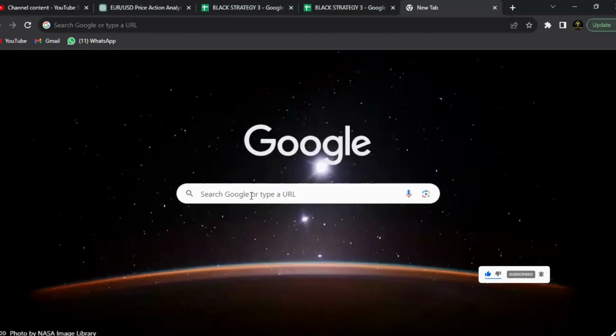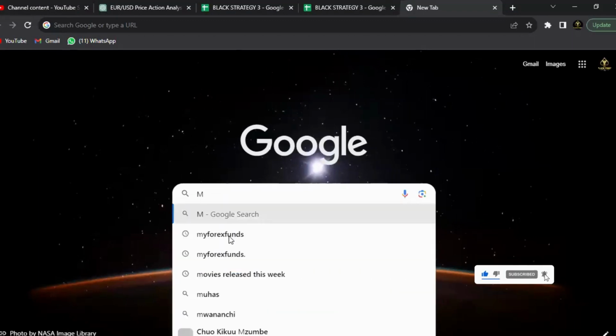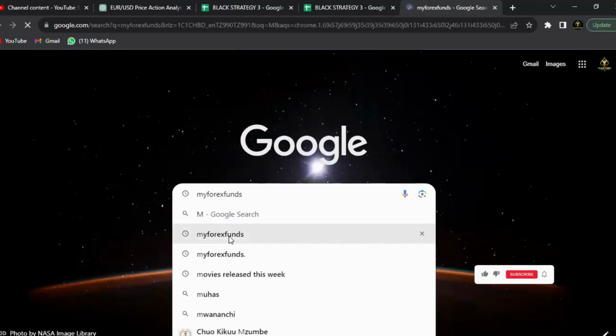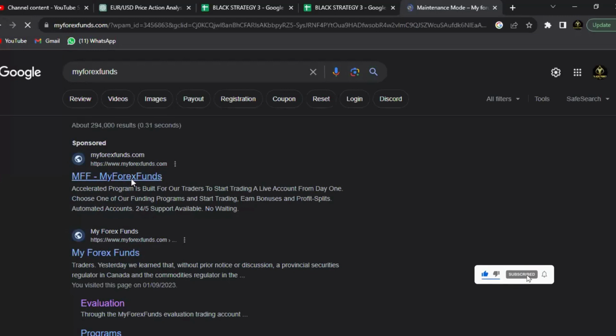Because MyForex Funds made me realize one thing though. If this can happen on MyForex Funds, because MyForex Funds is one of the biggest prop firms, right? If this can happen on MyForex Funds, that means it can happen to any trading prop firm. So we need to be very careful, guys. I'd say diversify.